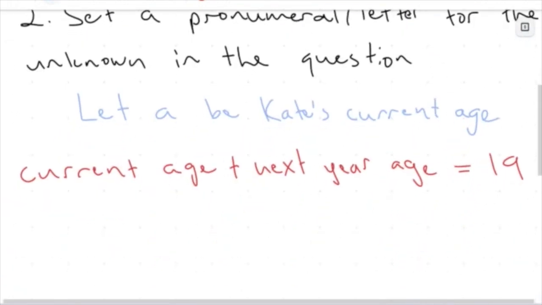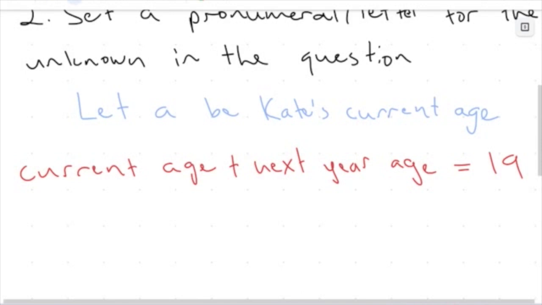But we have come up with a pronumeral for Kate's current age, so we can substitute that in here. Her current age, we said, let's call that A.